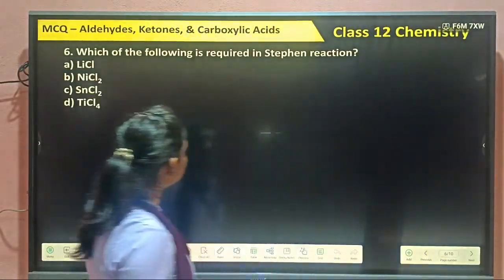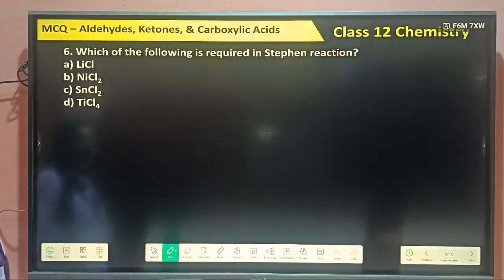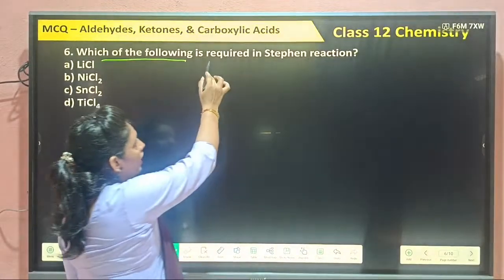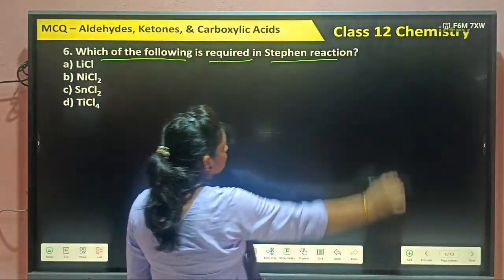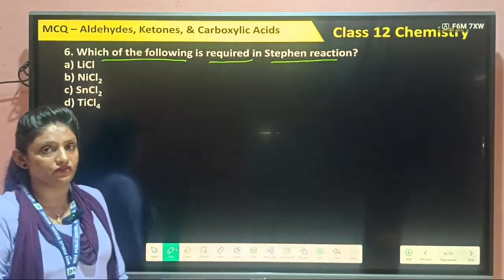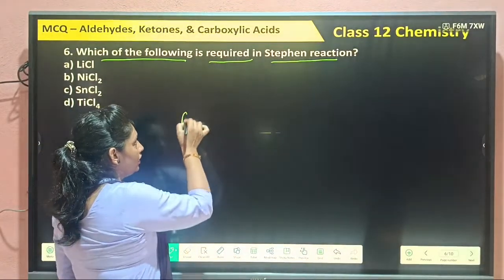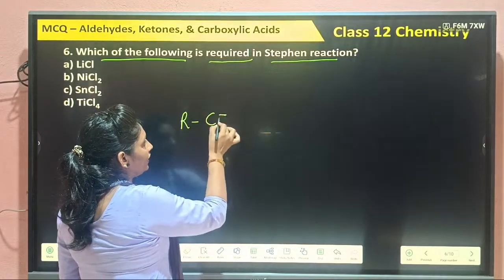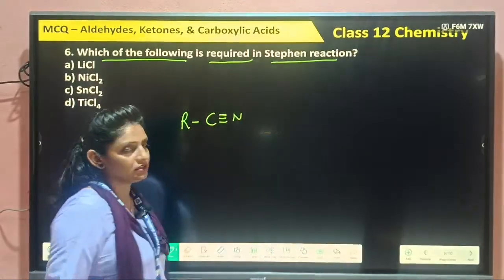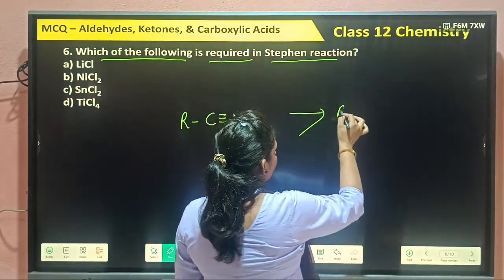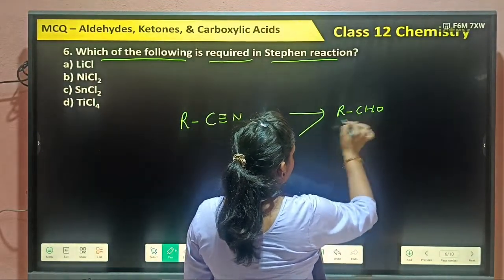Now let's see the next question, question number 6. Which of the following is required in Stephen reaction? Students, what do we mean by the Stephen reaction? In Stephen reaction, we use nitriles for formation of the aldehydes.